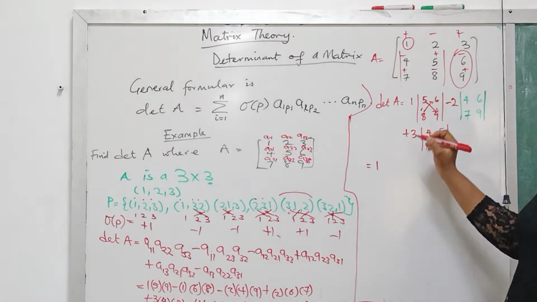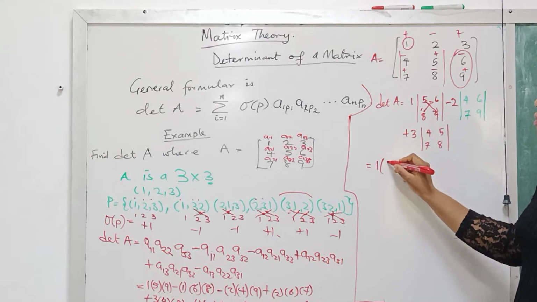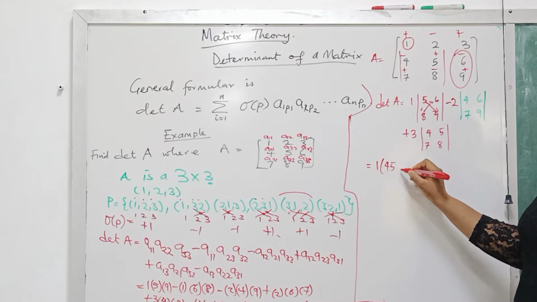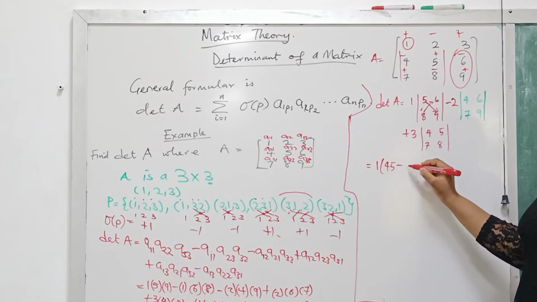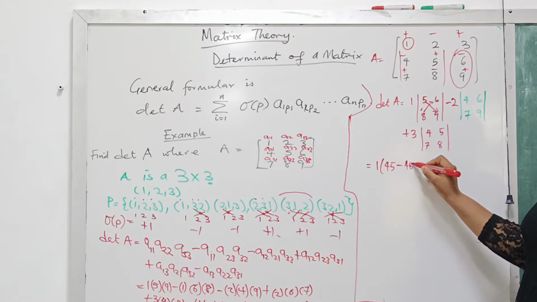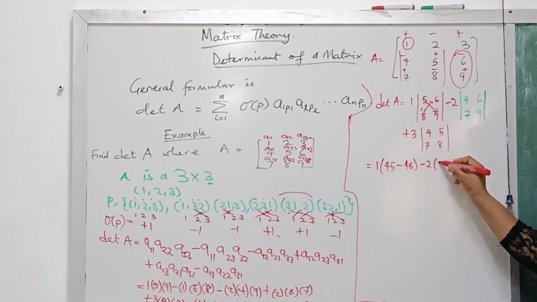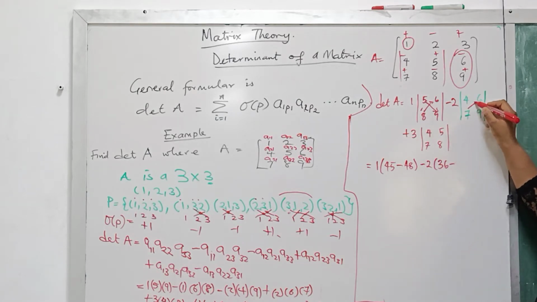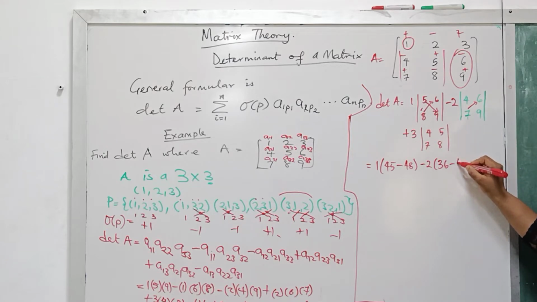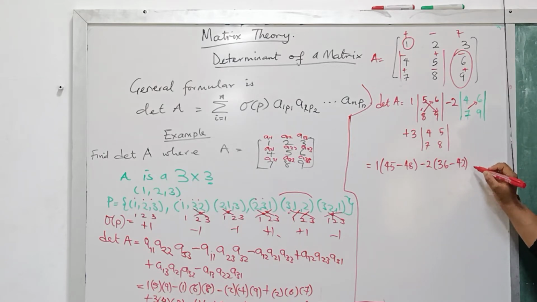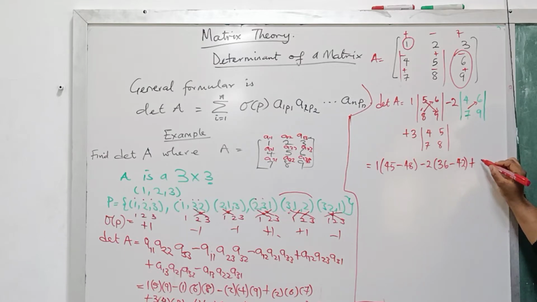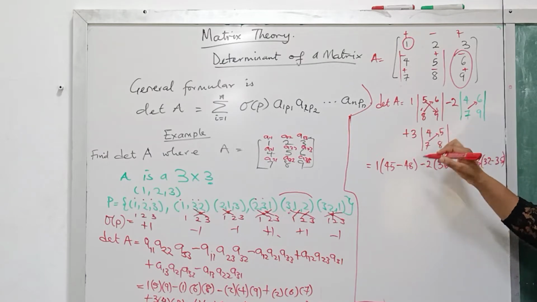So let's do it. 5 times 9, 45, minus 6 times 8, 48, minus 2, 4 times 9, 36, minus 6 times 7, 42, plus 3 times 4 times 8, 32, minus 35. 7 times 5 is 35.